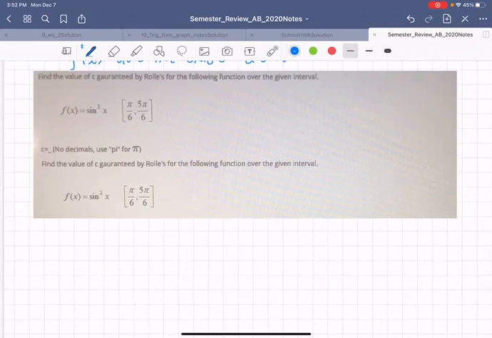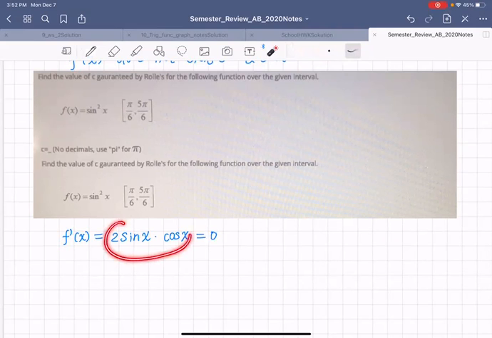Right. Okay. So what you do is you find f prime of x. This equals 2 times sine x, and then times, you need to use the chain rule. Sine x derivative is cosine x, right? Yes. And you want to make this equal 0.